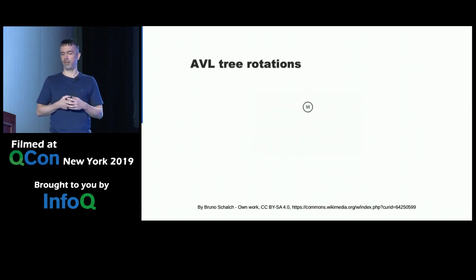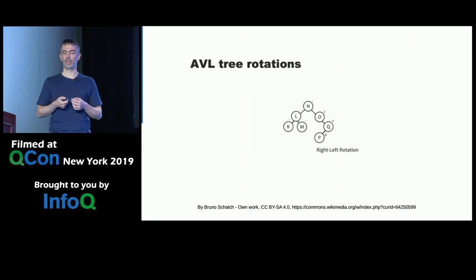This is a good thing, but it can get complex. So here we have an animation from Wikipedia showing a number of different operations, tree rotations, for one of the self-balancing trees, the AVL tree, and what that might look like in practice.